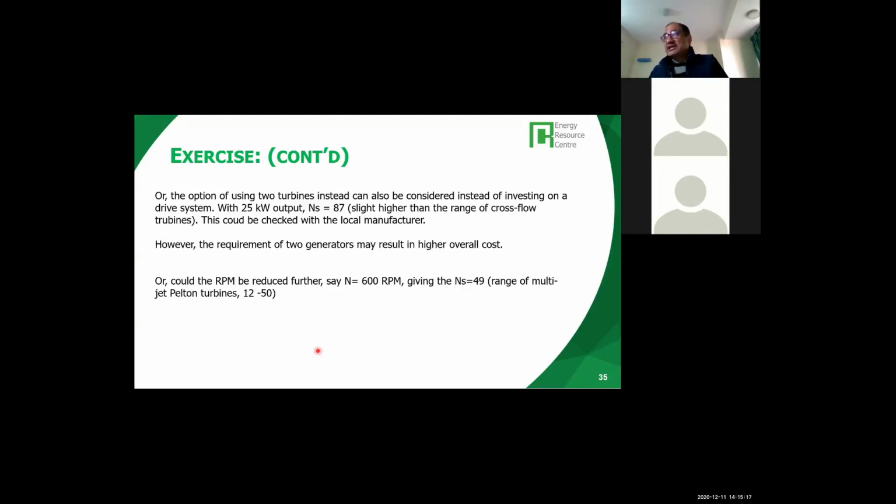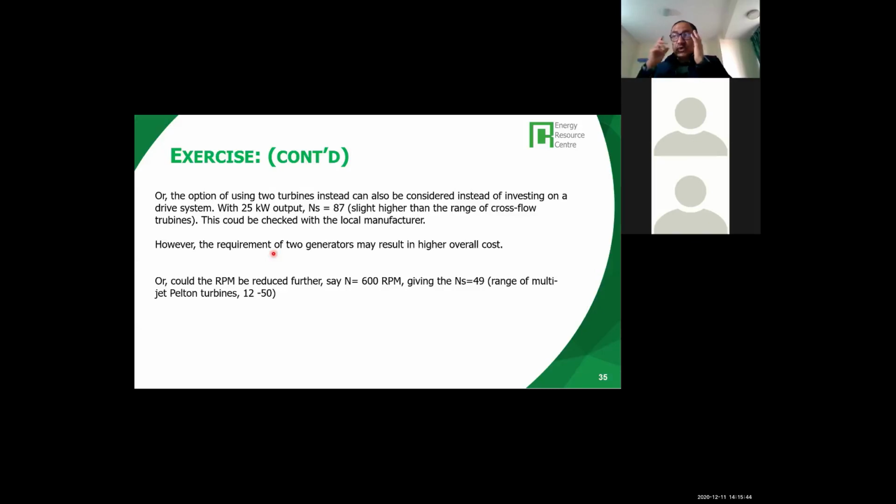Another option would be to divide, instead of having one unit of 50 kilowatt, into 2 units of 25 kilowatt, which will give you an NS value of 87, slightly higher than the range of the cross-flow turbine. But this could be checked with the local manufacturer if they can manufacture a cross-flow turbine with a specific speed of 87.